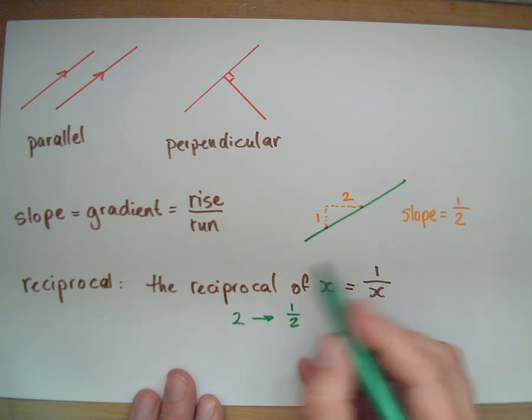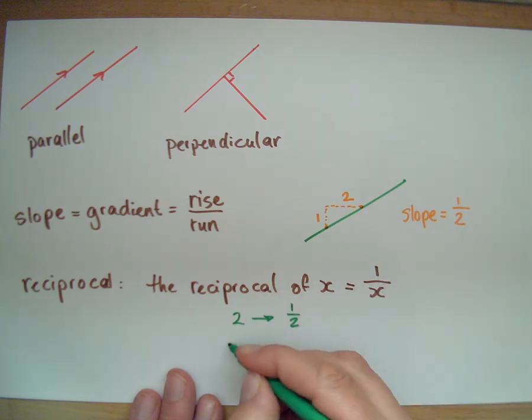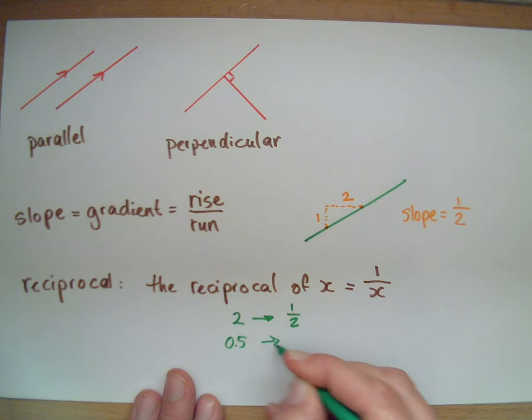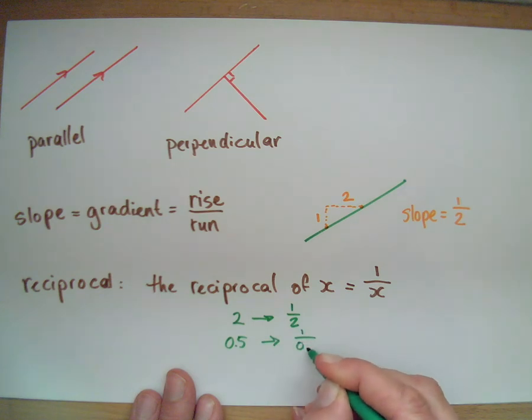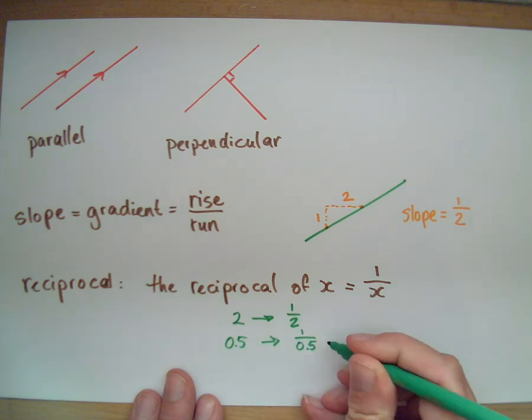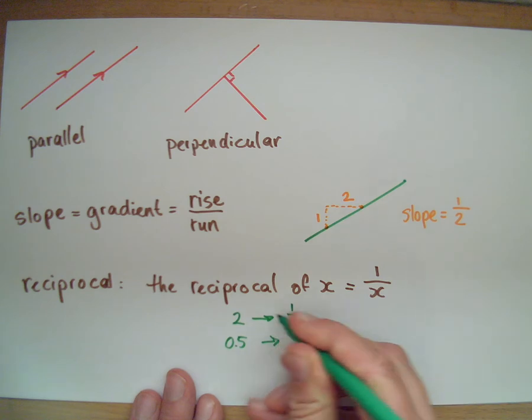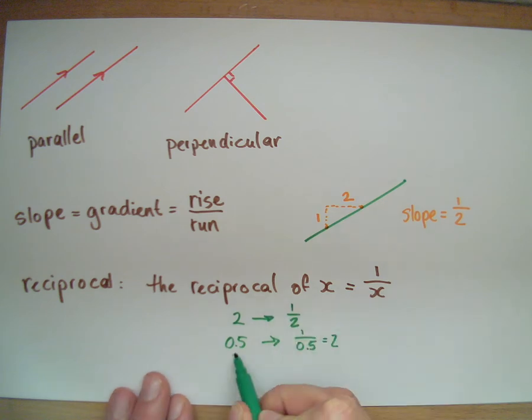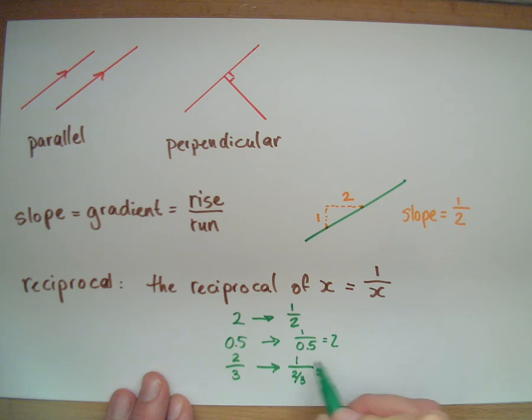If we had the number 0.5, its reciprocal would be 1 over 0.5, which is 2. If we had a fraction, 2/3, its reciprocal would be 1 over 2/3, which is the same as 3/2, right? The reciprocal of 2/3 is 3/2.